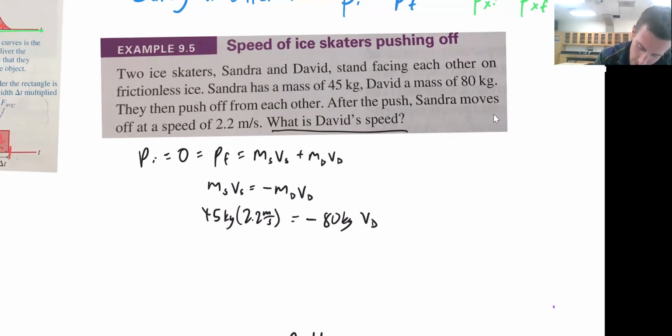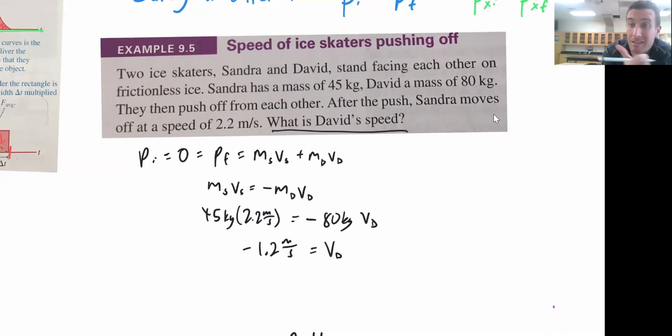When I solve that out, I find that the velocity of David is 45 times 2.2 divided by 80, 1.24, but all of my numbers are in 2 digits, so 1.2, negative 1.2 meters per second.